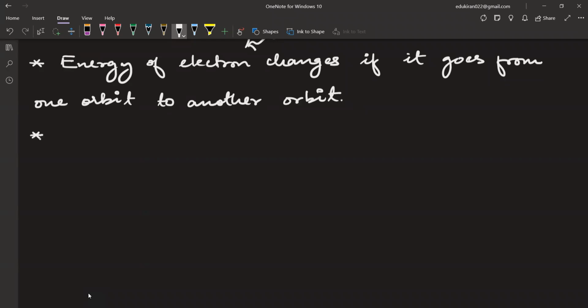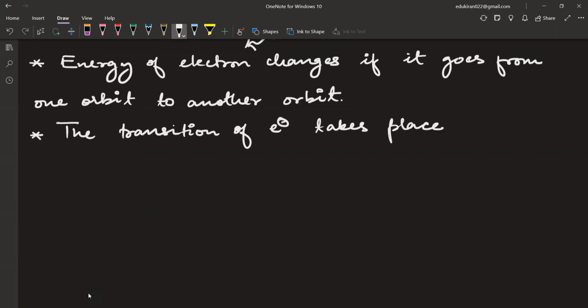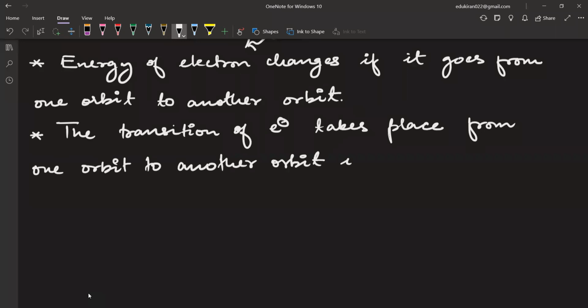Right, next. The transition of electron takes place from one orbit to another orbit if the energy of final state minus the energy of initial orbit is equal to h into nu.